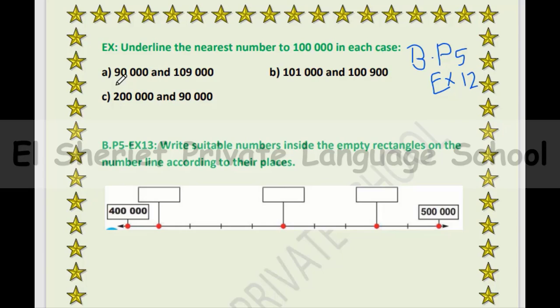Okay, we need here 10,000, but here we have 109,000. So the difference between this and this is 9,000, only 9,000. So the nearest one is 109,000. Or we can just put a line under this number.